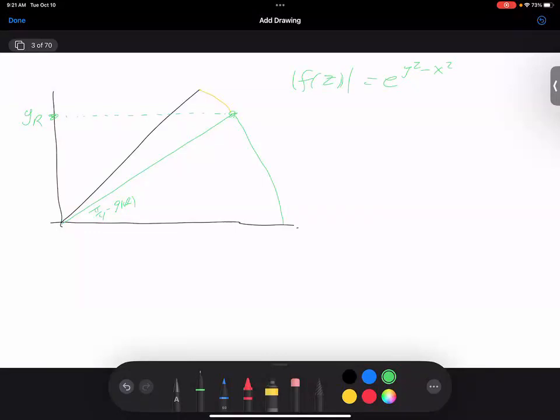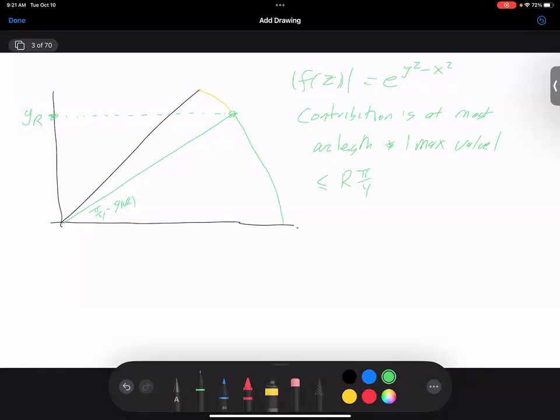So the contribution is at most arc length times the absolute value of the maximum value. What's the arc length? R times pi/4 minus 2r. Yes. But I can just write it as r times pi/4, because the fact that I'm subtracting a little bit, I'm not going to win by that. It's not even going to be enough to change multiplicatively what the coefficient is.